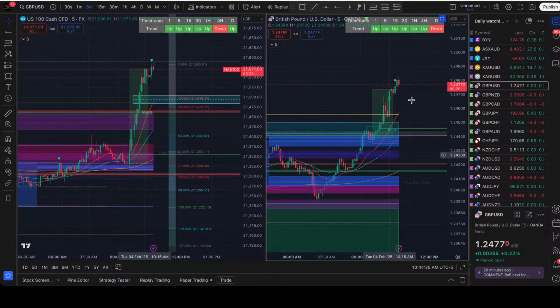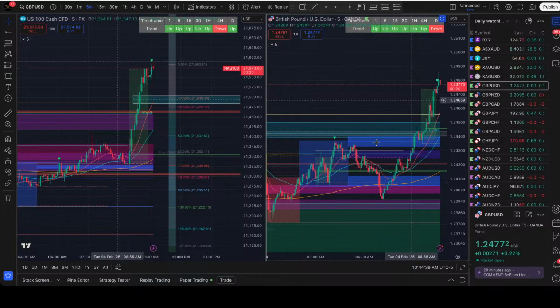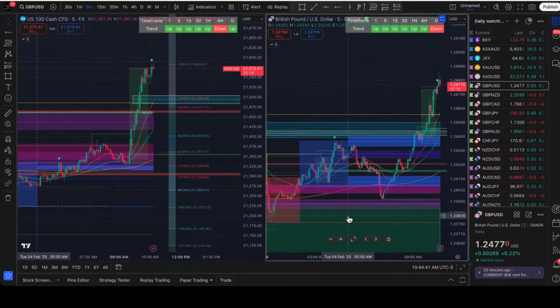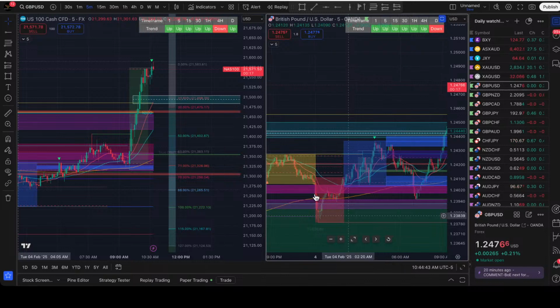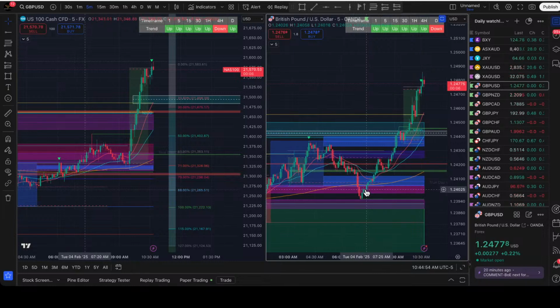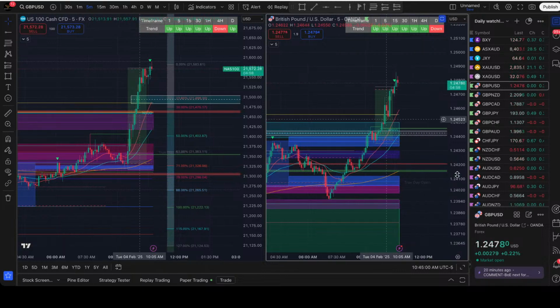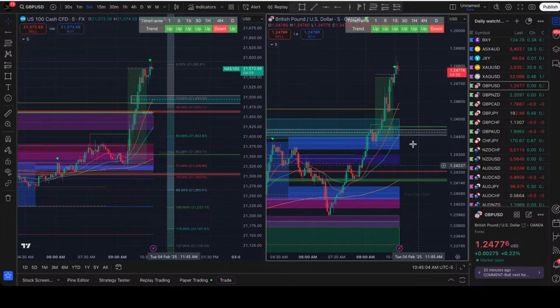We're green across the board. Bit of a mixed bag. We had a slight downside expansion model. Same thing with GBP USD. We have not touched that 20 in a while.